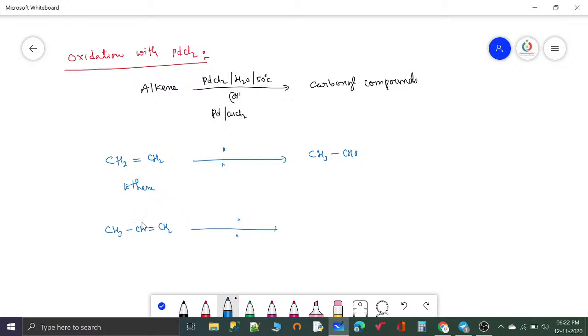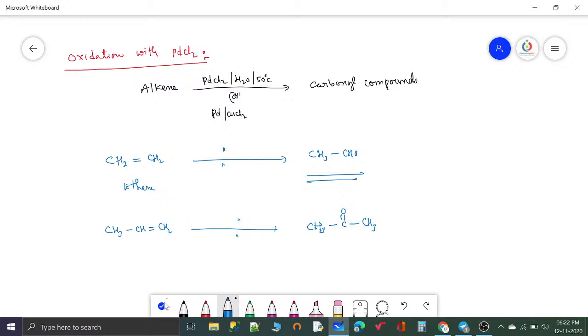This highly substituted carbon will be converted to the carbonyl part. The other carbon will be reduced to the CH3 part, so that you will get CH3 C double bond O CH3. It means you are able to get the aldehyde with this type of reagent only with ethene, but not with substituted alkenes like propene.